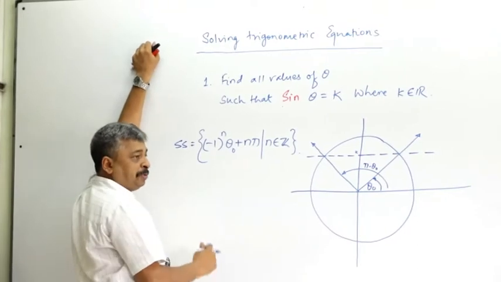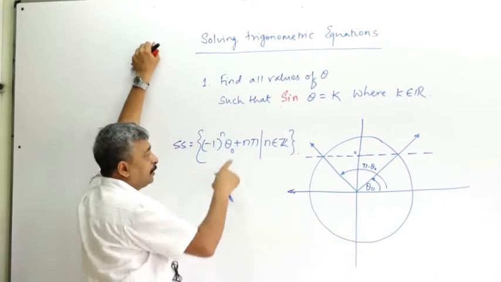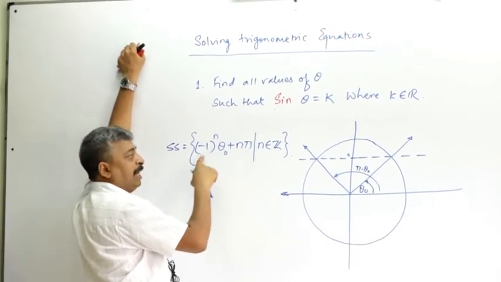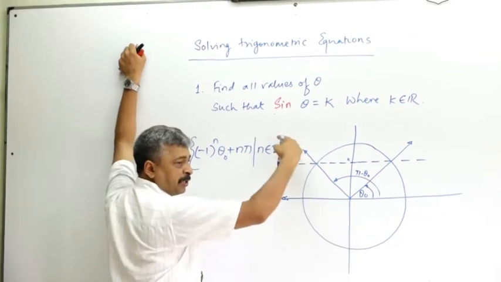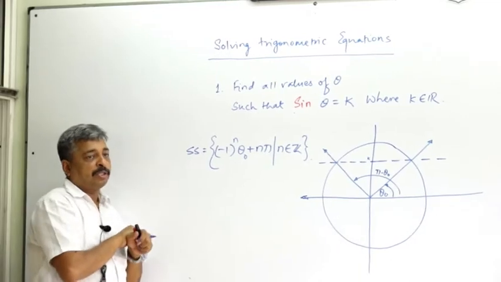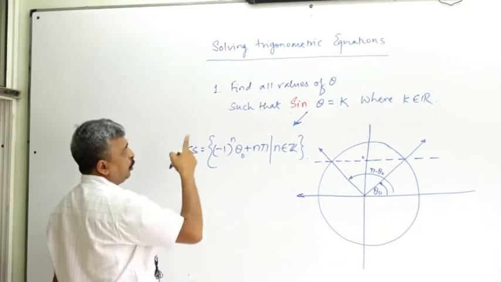Suppose n is equal to 3. That means we are talking about this ray. N is odd. Therefore 3 pi minus theta naught. That means this terminal ray. Are we done? So this is the solution set for sine theta is equal to k. And of course, first step what we need to write?